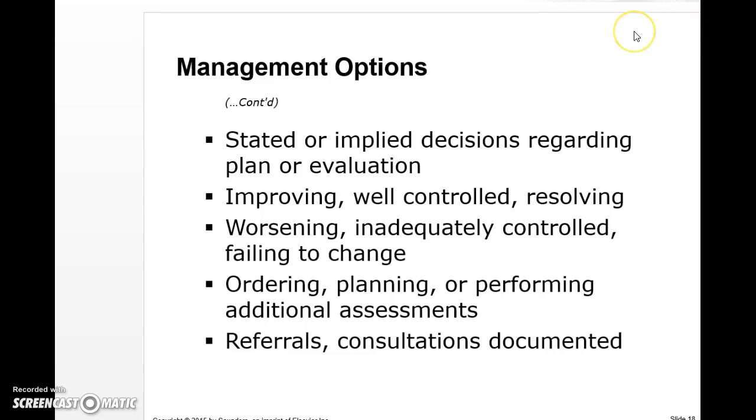They're going to be stated or implied decisions regarding a plan or evaluation. We may see words like improving, well-controlled, resolving, or worsening, inadequately controlled, failing to change. We may see words like ordering, planning, or performing additional assessments, and referrals to consultations that are documented.